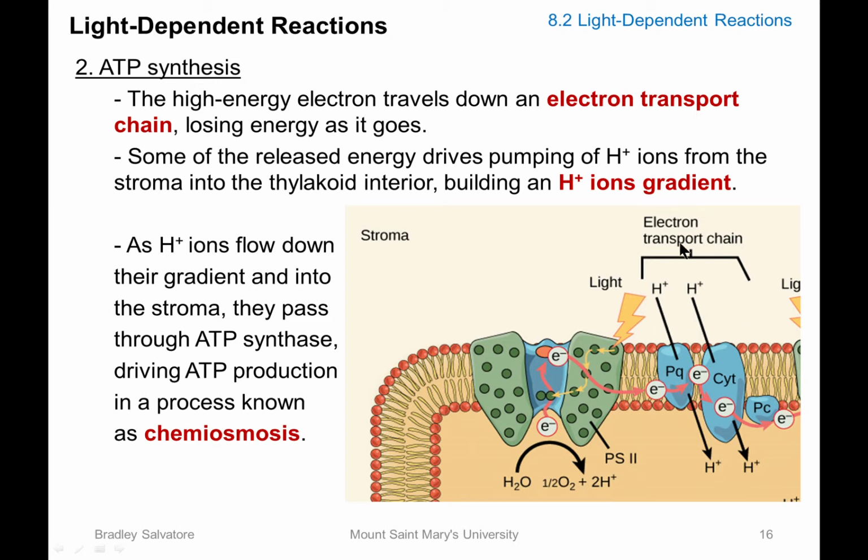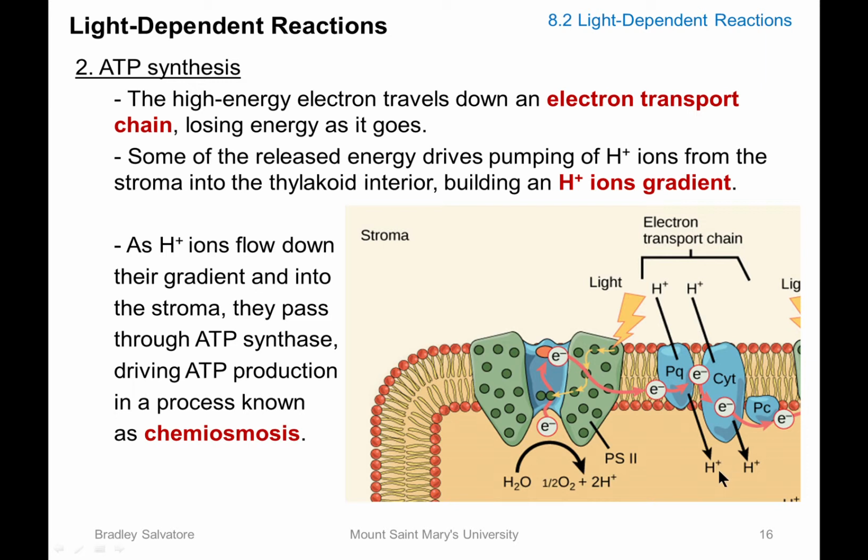It will be used to import hydrogen ions from the stroma into the lumen of the thylakoid. So you see that import of hydrogen ions, and this will contribute to the hydrogen ion gradient as well.